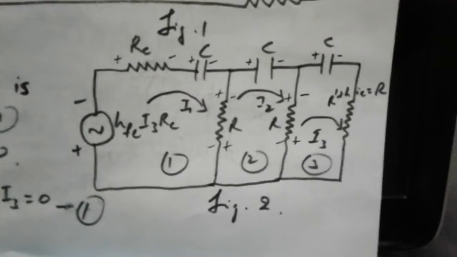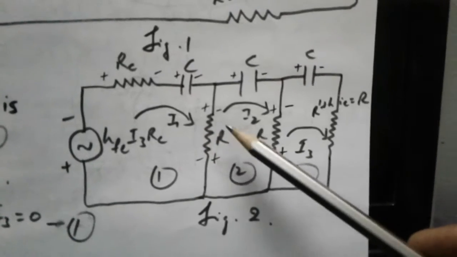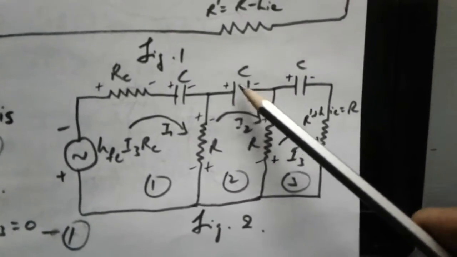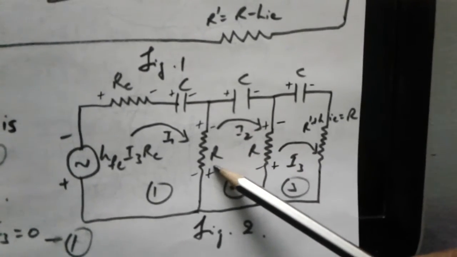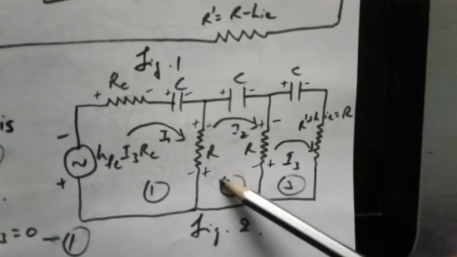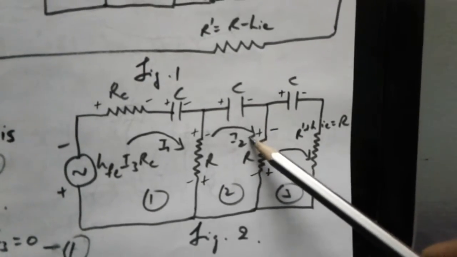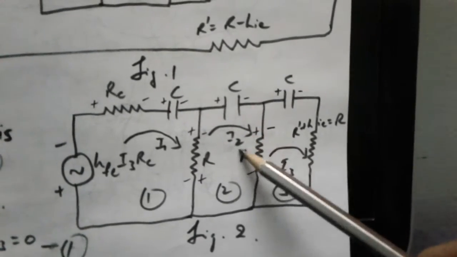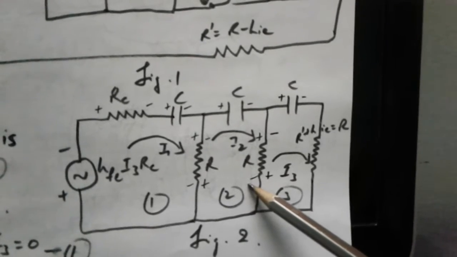Similarly, for the second loop, you can see that when the current I2 goes from plus to negative, that voltage drop will be positive. Then when it is moving through R, that is also positive from plus to minus, because now I am considering loop 2. And when that current I2 goes through this right side R, that is also plus to minus, so that is also positive.